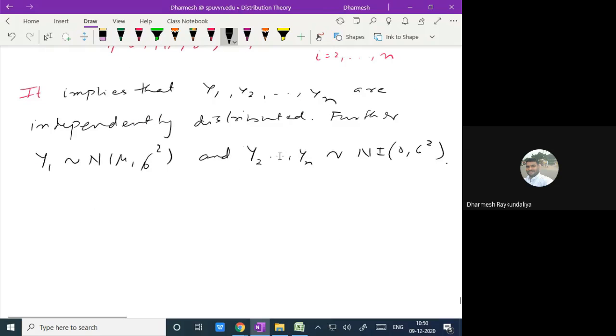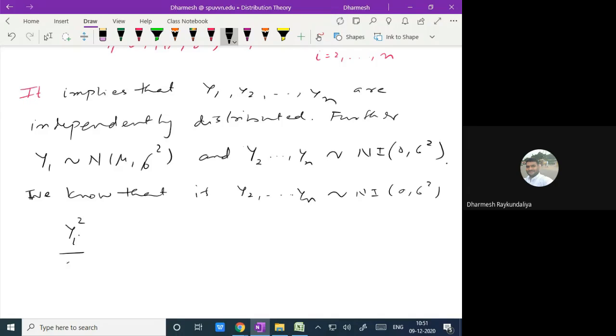So we have already proved that if y2, yn are normally distributed independent with variance sigma square, then yi square upon sigma square is distributed as chi-square 1, i running from 2 to n.